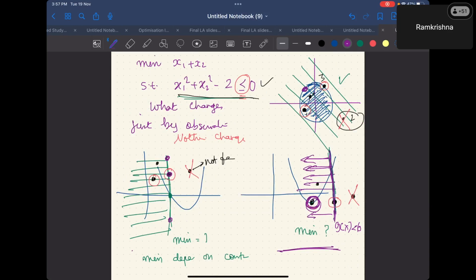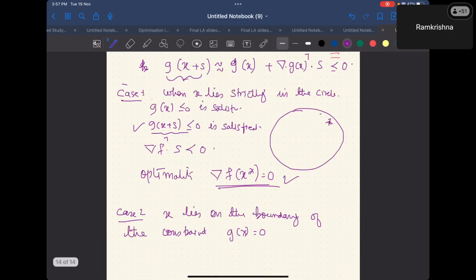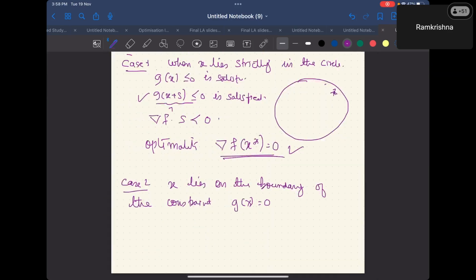The boundary of the constraint set. They are no longer inside, but at the boundary of the constraint set. So when this happens, I'm looking at g of x equal to 0 and search along gradient of f of x times s must be less than 0.